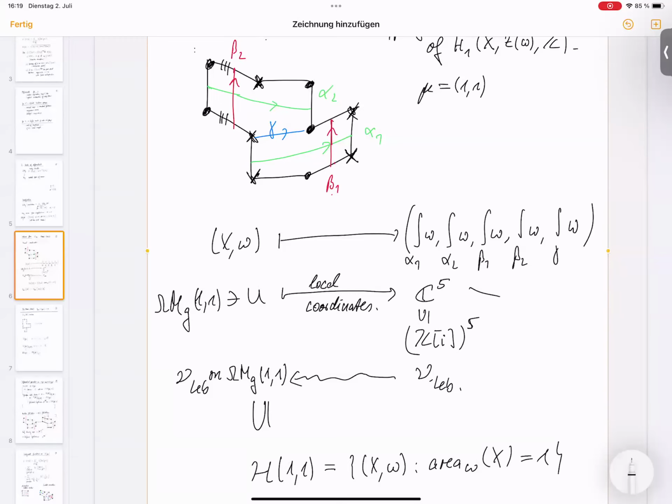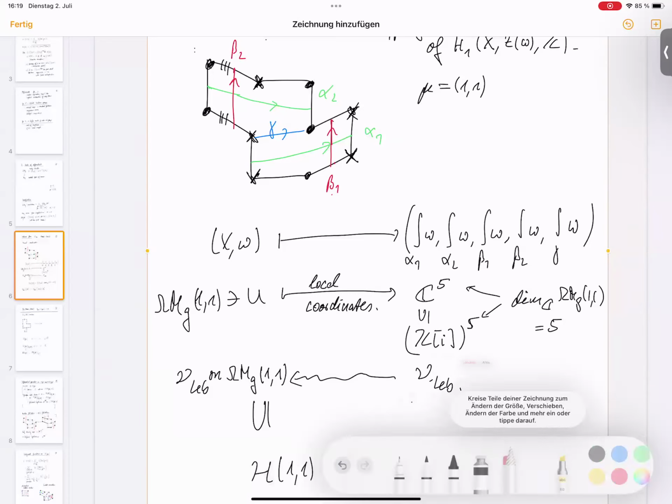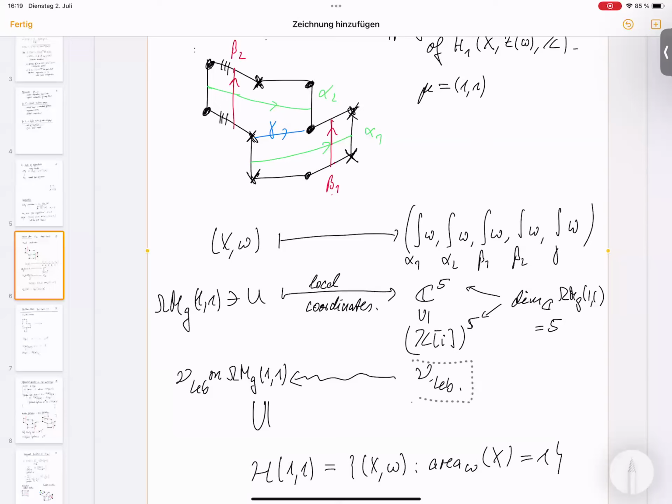By the way, this means that the complex dimension of that stratum we're just looking at is equal to 5, and these local coordinates also prove that this is a smooth manifold, and in that way we get a measure, at least locally on those charts, which is just Lebesgue measure with a Z adjoined i integer cube normalized to be 1.